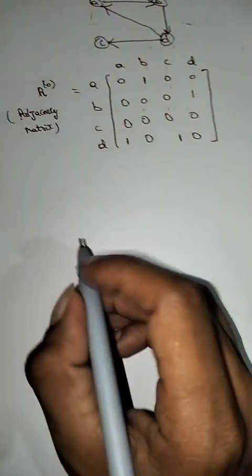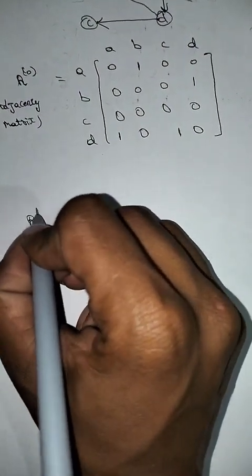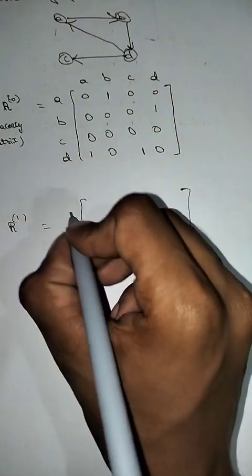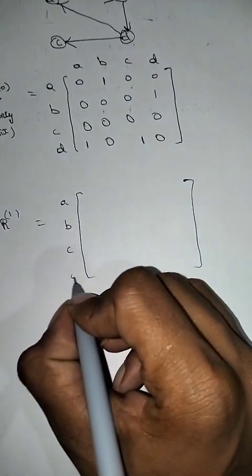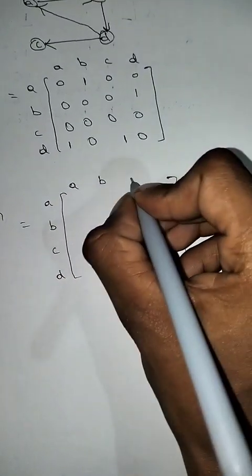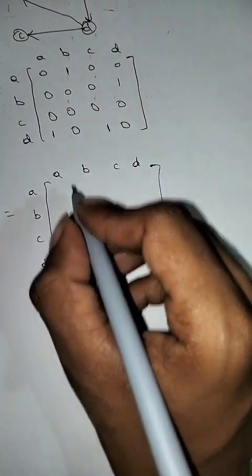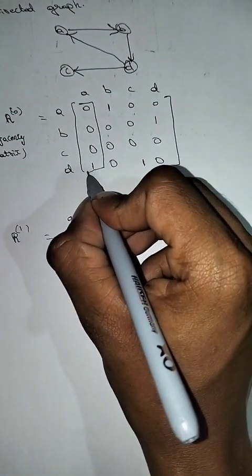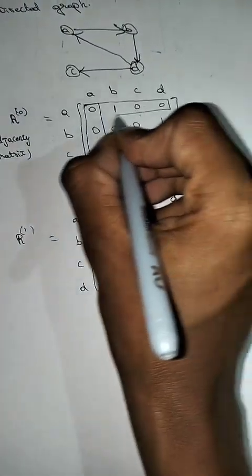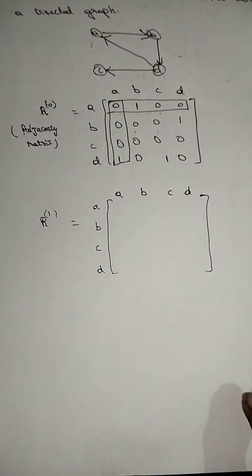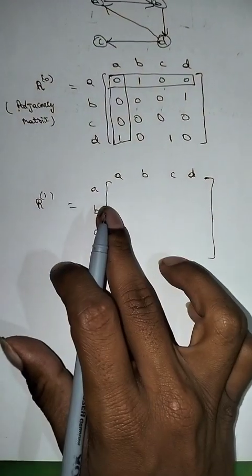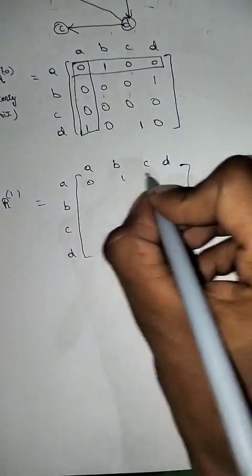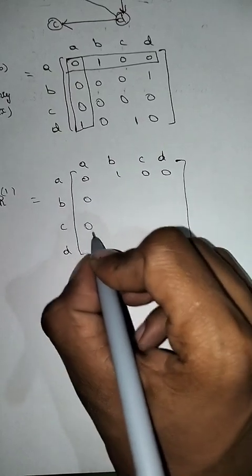In the next step, we are going to find out the R1. A, B, C, D, A, B, C, D. In R0, we mark the column which is from A and the row from A. In R1, we write the marked values the same: 0, 1, 0, 0 and 0, 0, 1.